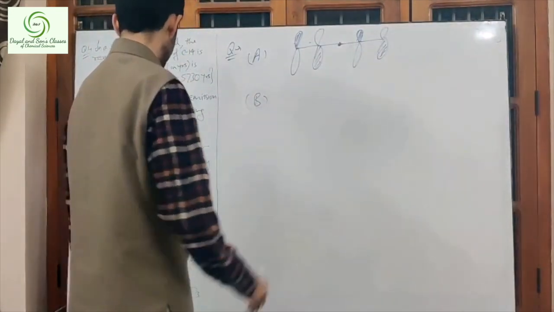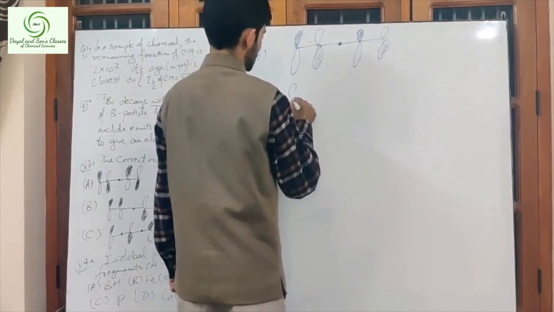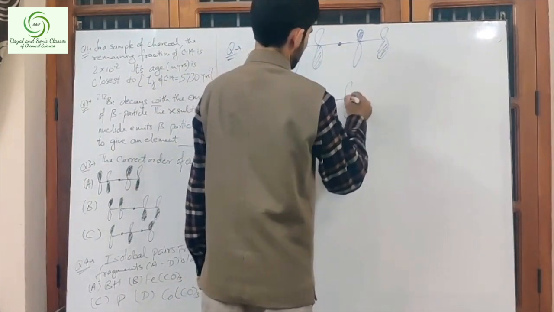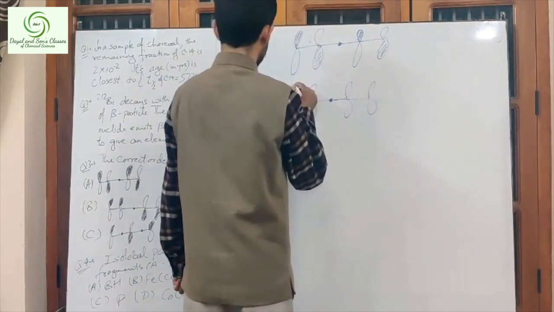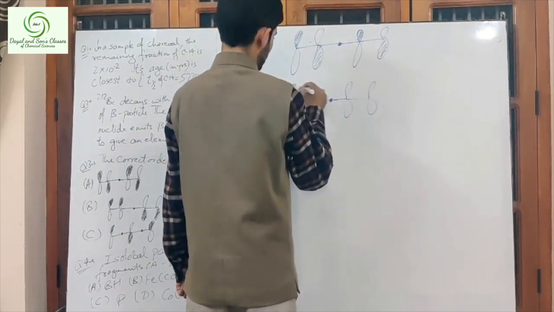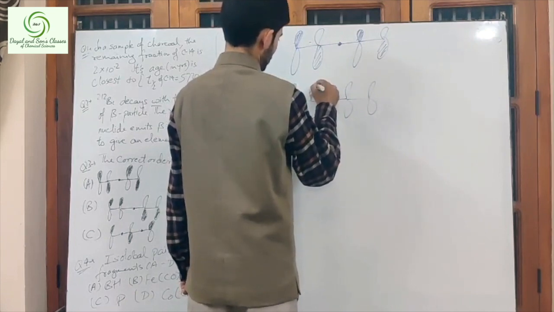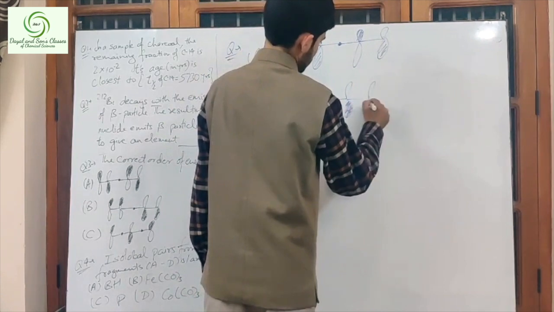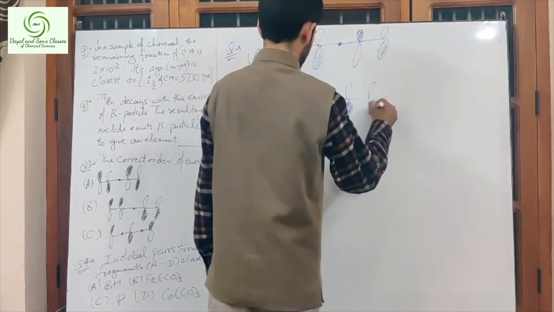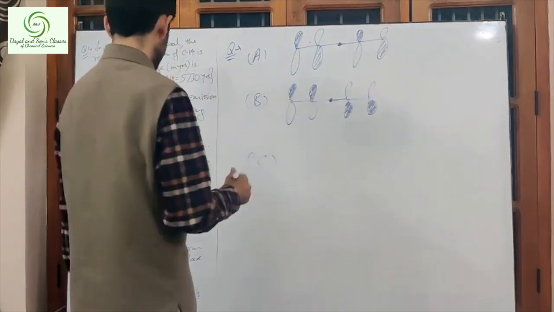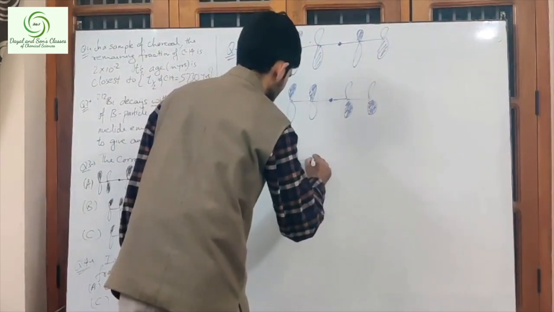The second one was something like this, and C was given to us something like this.